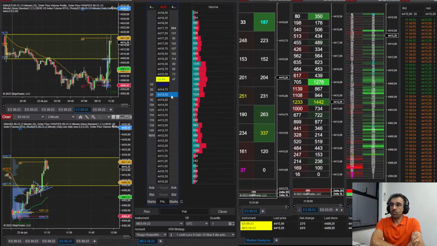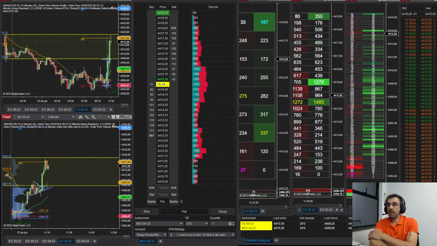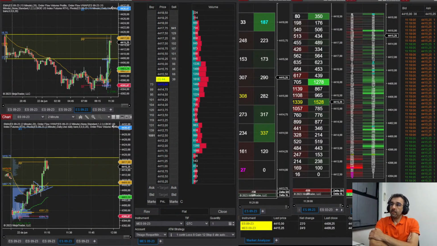Being able to hold here, sellers would fail to reach the 12, and this could lead to maybe the breakout of 18, even though I still think it's too strong.